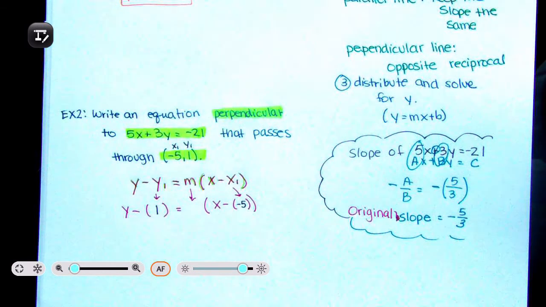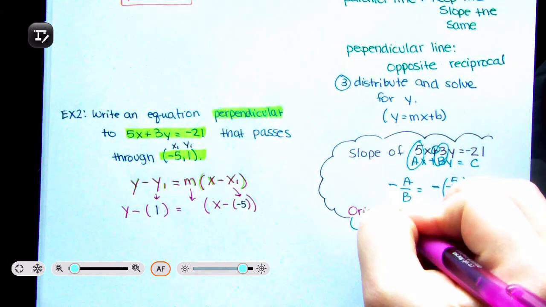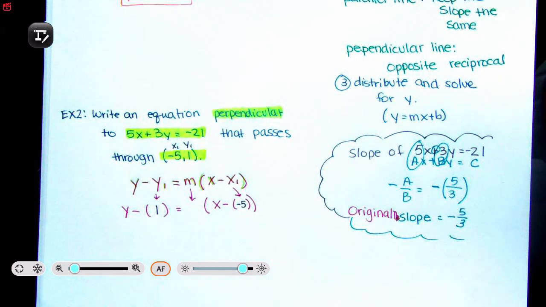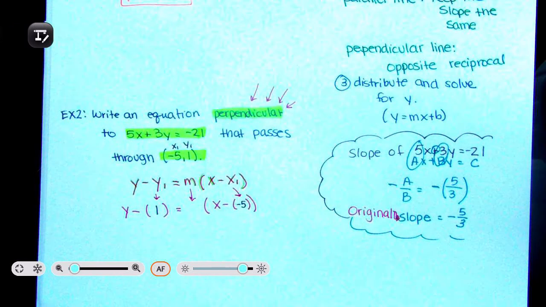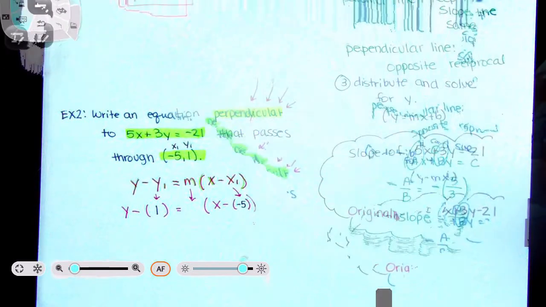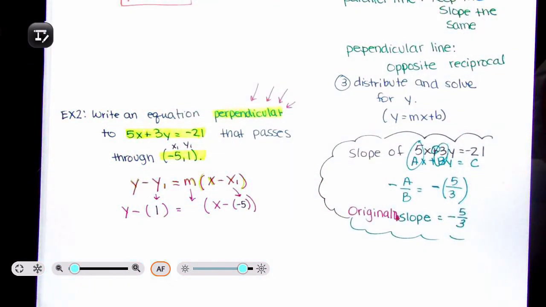Now, before you start plugging anything in, take a step back and ask yourself, what is our objective? Our objective is to find a perpendicular line. So we want a perpendicular slope.